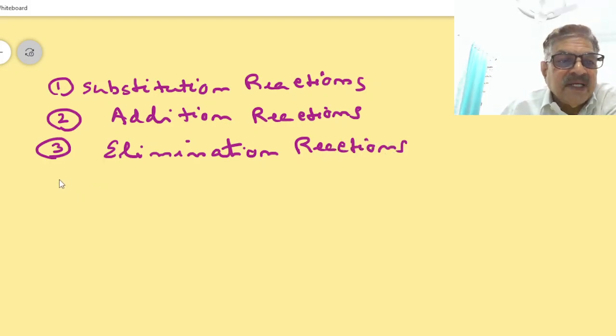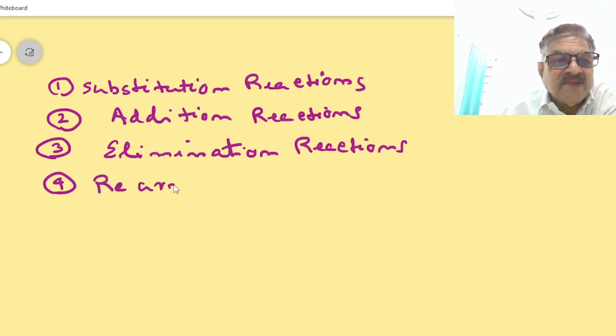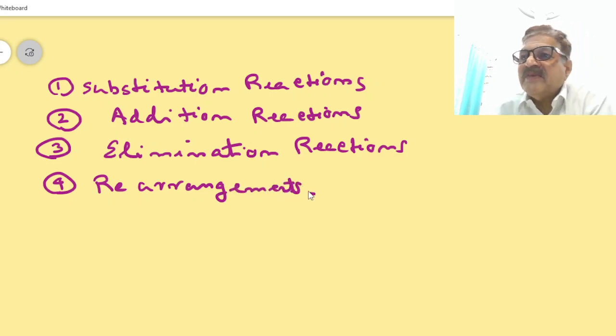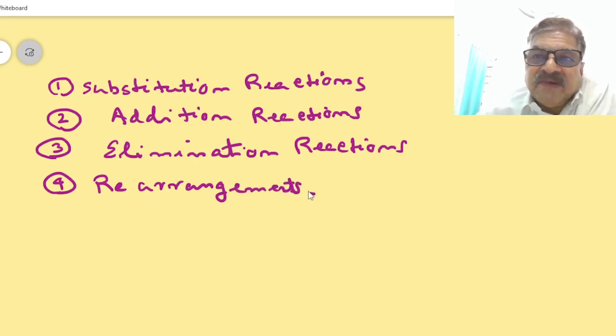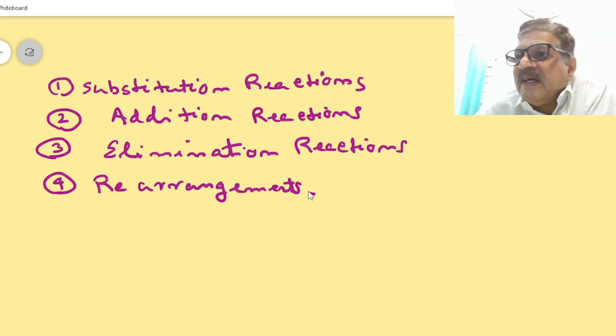Then we have rearrangements. Rearrangements will involve addition, elimination, and all these kinds of things. So these are the various types of reactions organic molecules generally undergo.